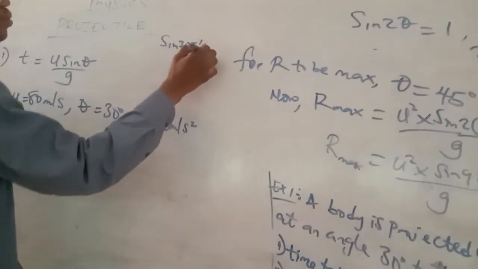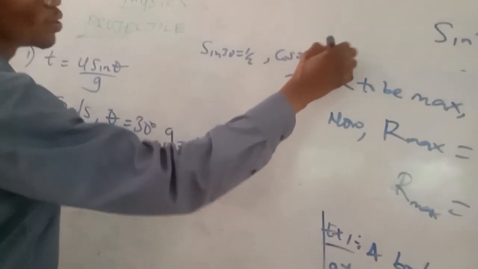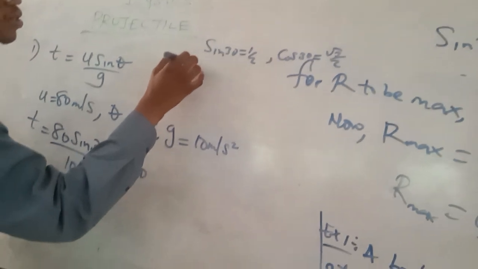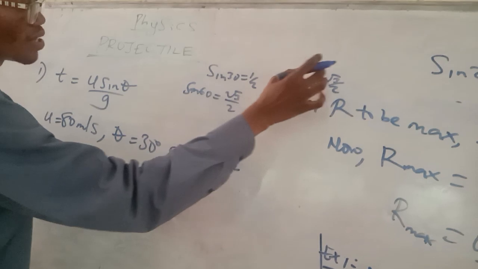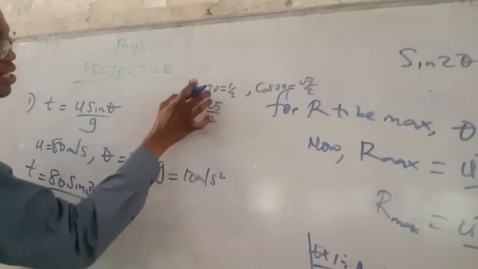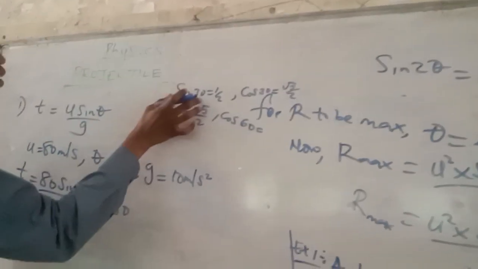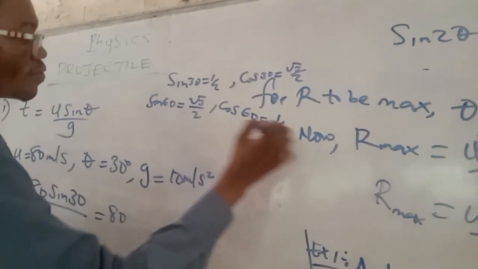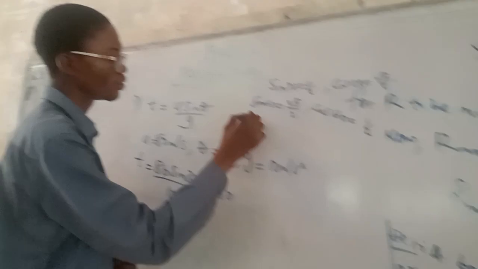Sine 30 is 1 over 2, cos 30 is root 3 over 2, sine 60 is root 3 over 2. Anything you have as your cos 30 will also be your sine 60. Anything you have as your sine 60 will be your cos 30. Your sine 30 will be your cos 60. That's 1 over 2. So all these things, please know them.